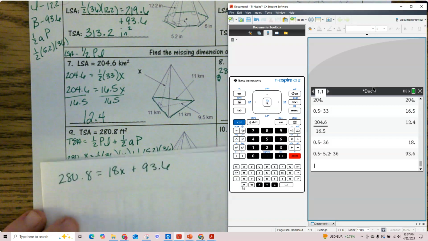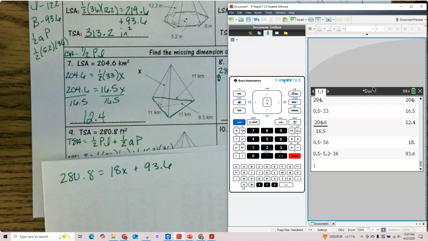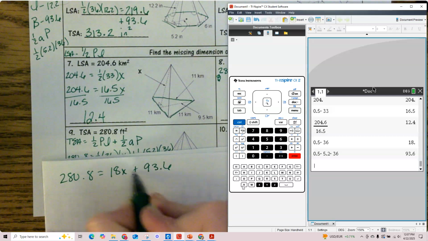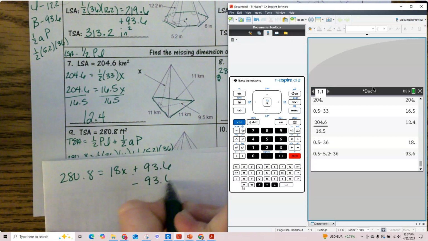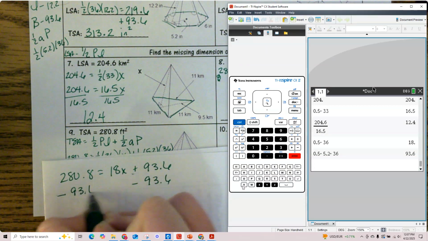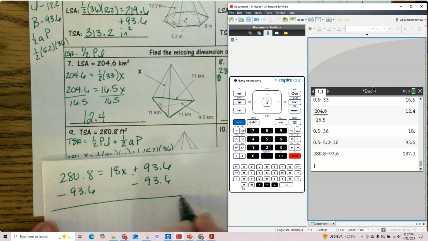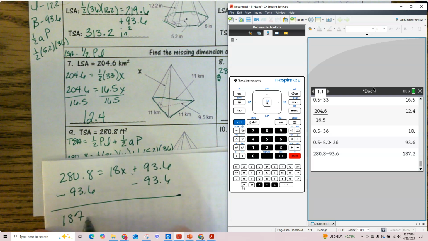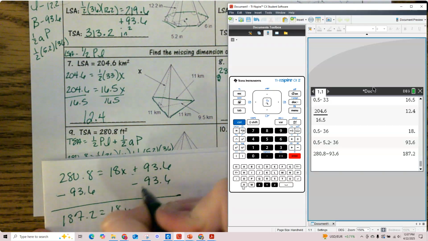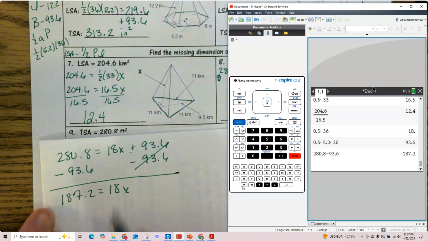So for one like this, you have a 2-step equation. Always get rid of your addition and subtraction first. So we've got addition here. We do the opposite. So I get 187.2. And then divide both sides by 18.